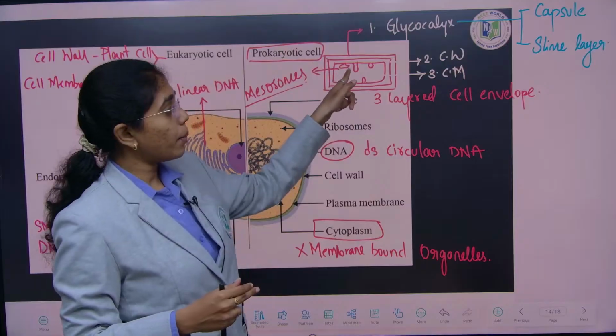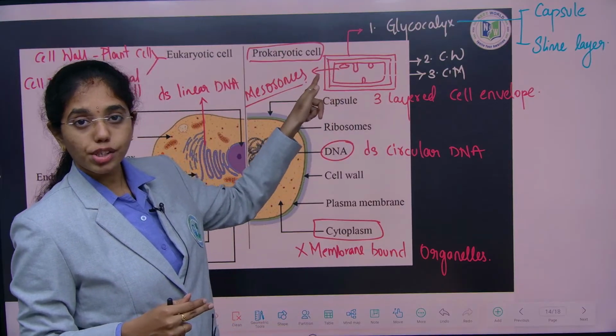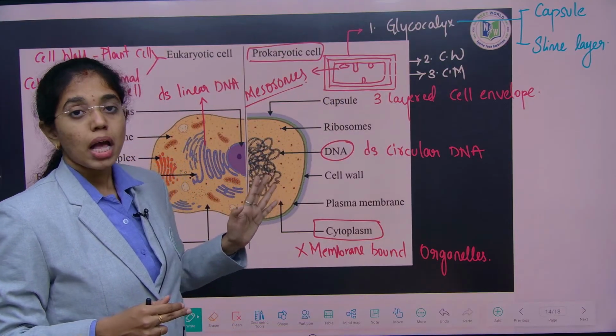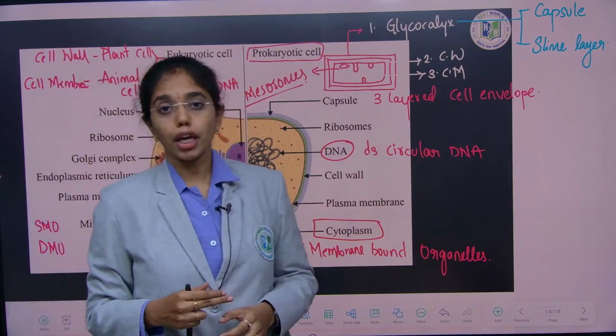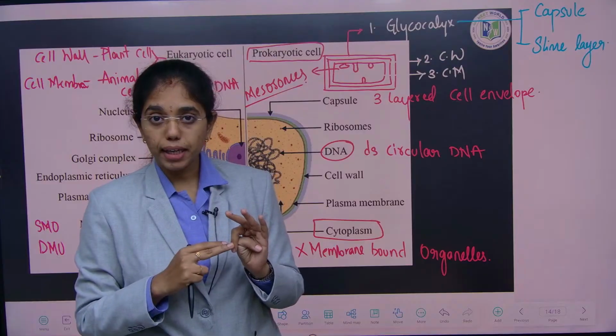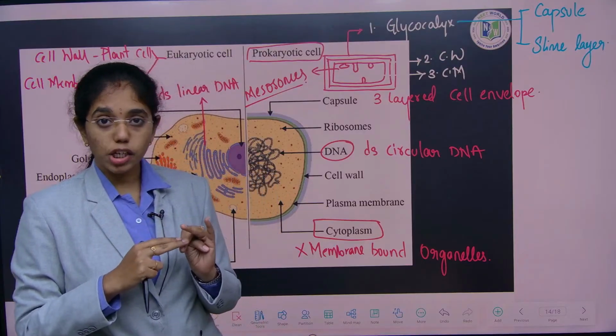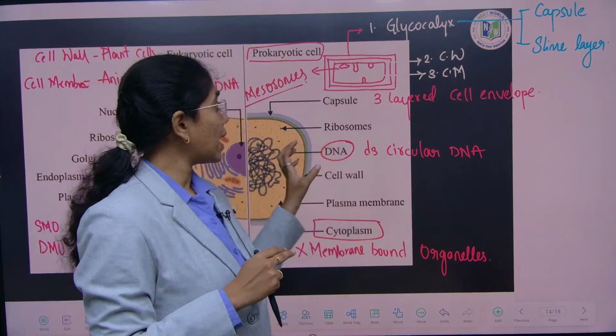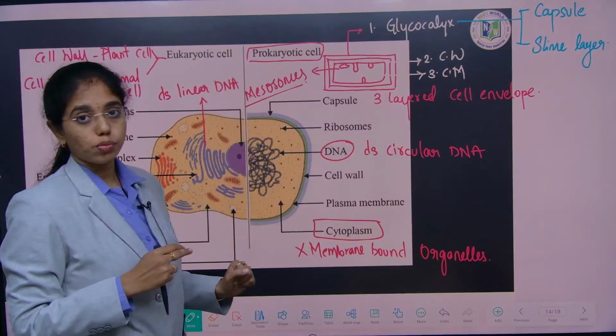Mesosomes are what? Membranous extensions of a prokaryotic cell membrane into the cytoplasm. The characteristic features include cell wall formation, DNA replication, respiration and secretion. These are the activities of mesosomes.